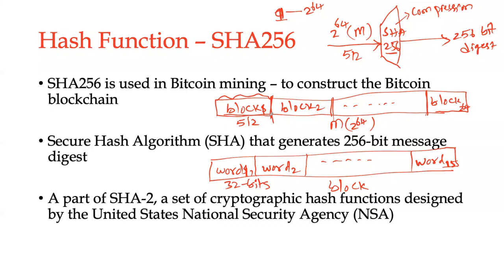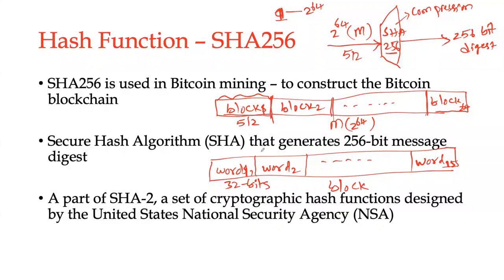Any guesses? Padding. Yes, padding. So in this compression function, pre-processing is required, like padding the bits, so that every block size is fixed to 512 bits. After that, doing the computational operations or mathematical computations will be easy.